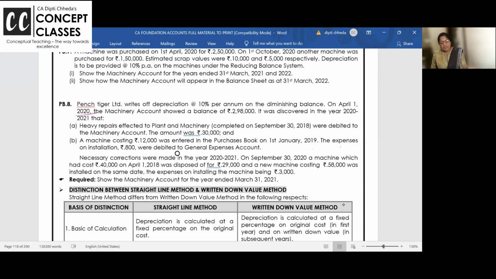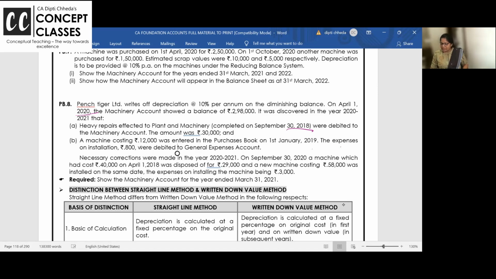Right now, if you change it, you debited machinery, so now credit machinery, and instead of repairs, this is the repairs of earlier years, so transfer it to the P&L account. But then this was an entry of 2018 and now it is 2020, so you need to depreciate the value and take it. I hope you are getting.